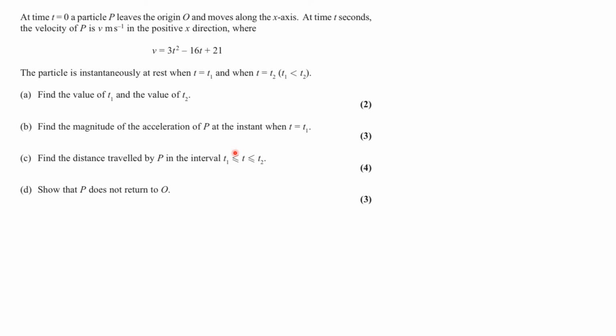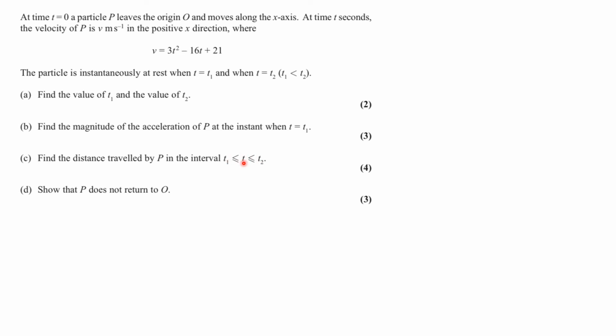If there's a t value in between there where it's at rest, because when it's at rest it turns around, you have to split up the integral needed for the distance travelled. However, we found when it was at rest in part A, t1 and t2. Those were the only values when it was at rest. And we want the distance travelled between those two t values. So there's no t values in between that's going to cause us any problems.